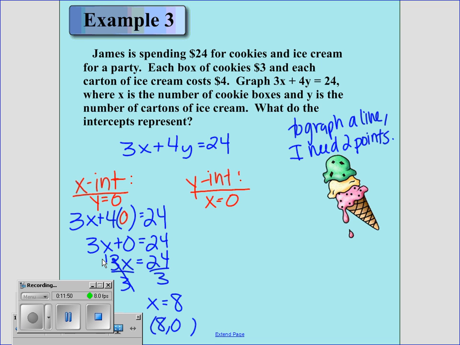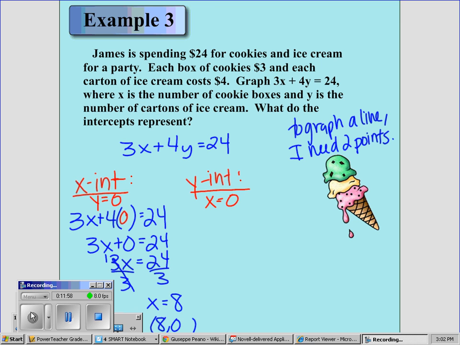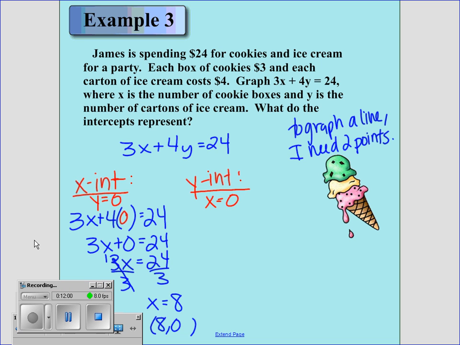We're going to do the same exact steps to find the y-intercept. Plug in x, solve for y. So we're going to go ahead and write down the equation and do the same as before, except this time we're going to let x be 0 and solve for y. 3 times 0 is 0.